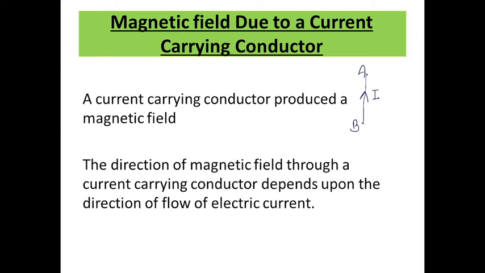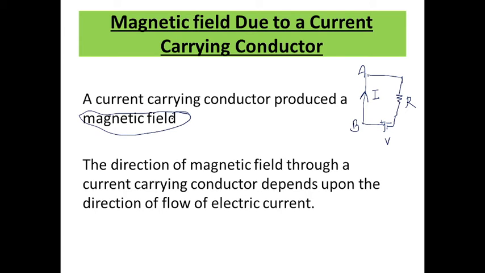I have just made the half diagram. Let me complete it. A 3 volt battery with resistance R. This is part AB. So this current carrying conductor AB produces a magnetic field.